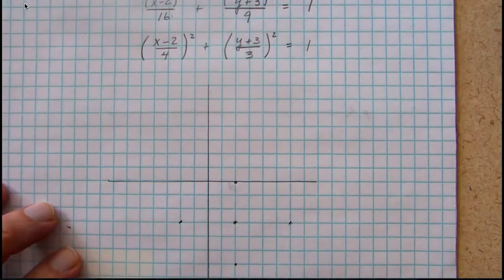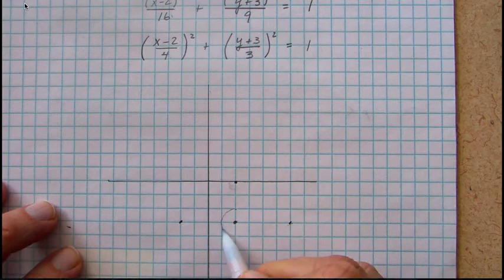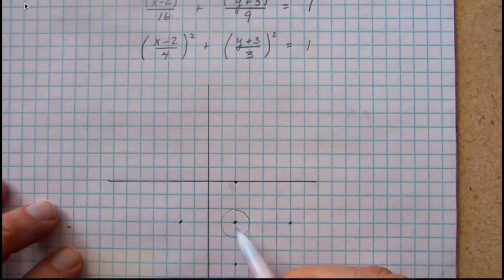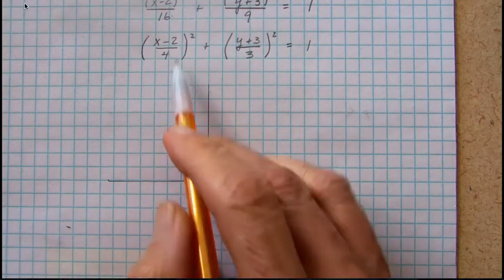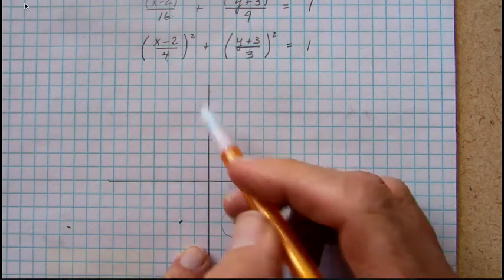Now, students that like to think about this from a transformation standpoint are thinking about taking this circle, which we've recentered at 2, -3, and we've done a horizontal dilation by factor 4.